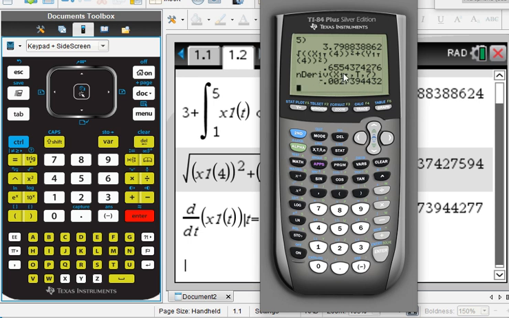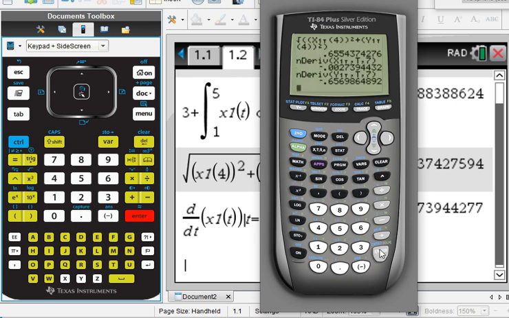And then for the other one, back to 84. Now to save yourself some time, notice that we want the exact same thing except we want to take the derivative of y, so you can go second entry. And then all you have to replace here is instead of x1 of t, just go vars, y variables, parametric, and go y1 t. Otherwise everything's the same.